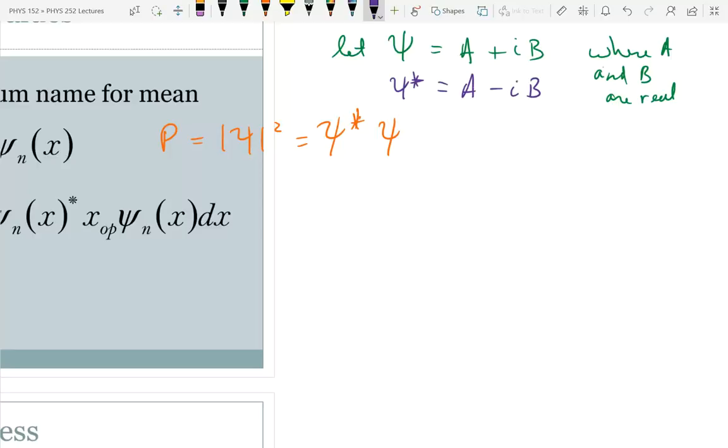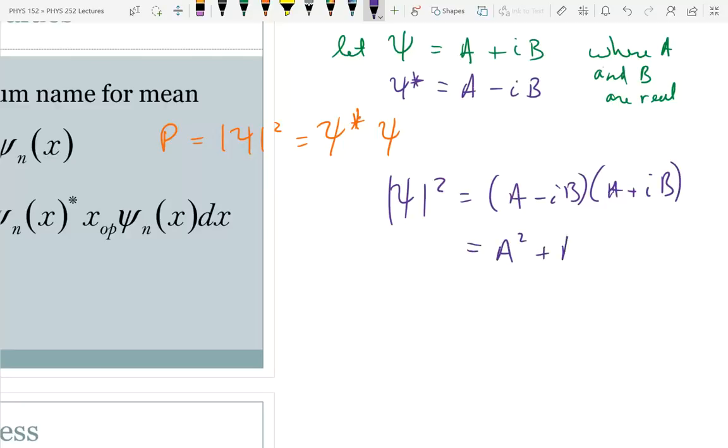And so what's the point of that? Well, if you do the math, you see real quick. Psi mod squared is equal to A minus iB times A plus iB, which is equal to A squared plus iAB minus iBA minus i squared B squared.